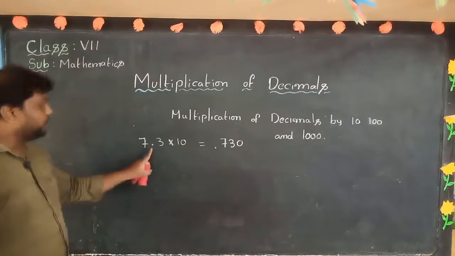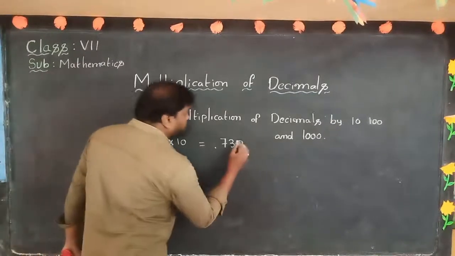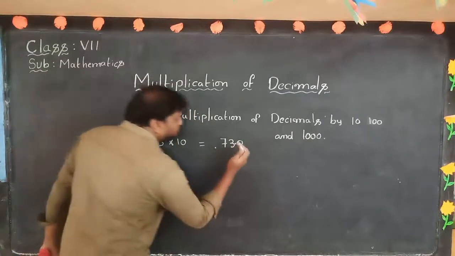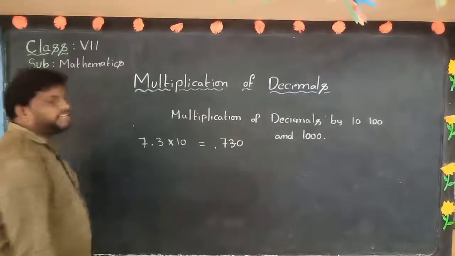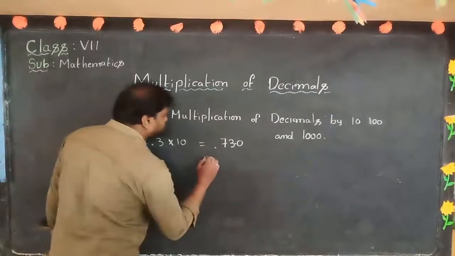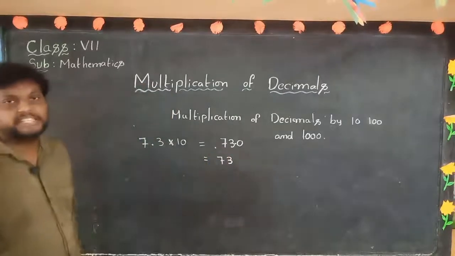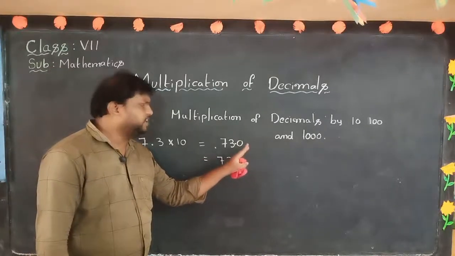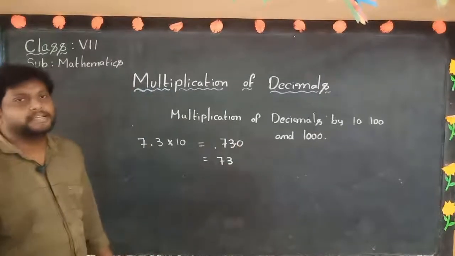Finally we have only one decimal digit, so from right side to left side the decimal point comes one place in. So 73.0 is nothing but 73. Why? Because zeros after the point with no number after them are not valid.